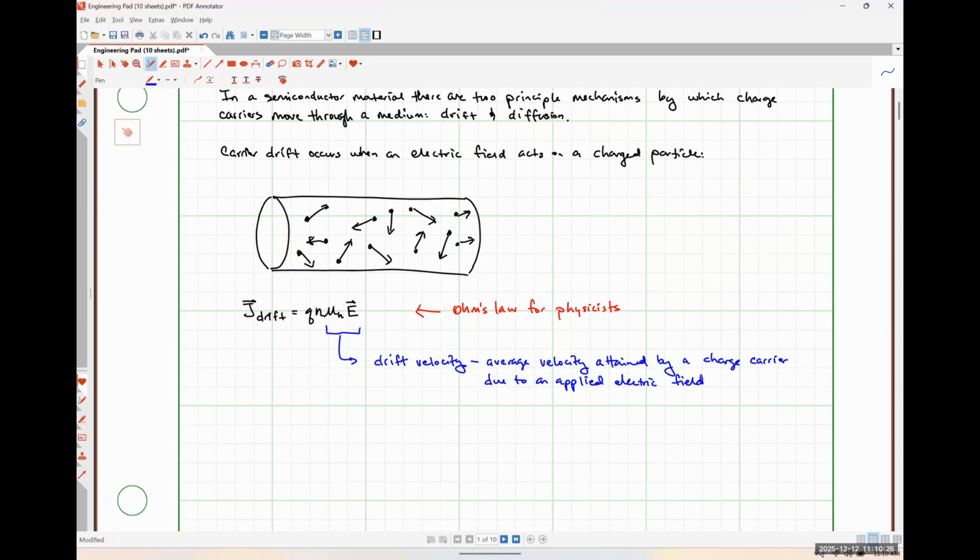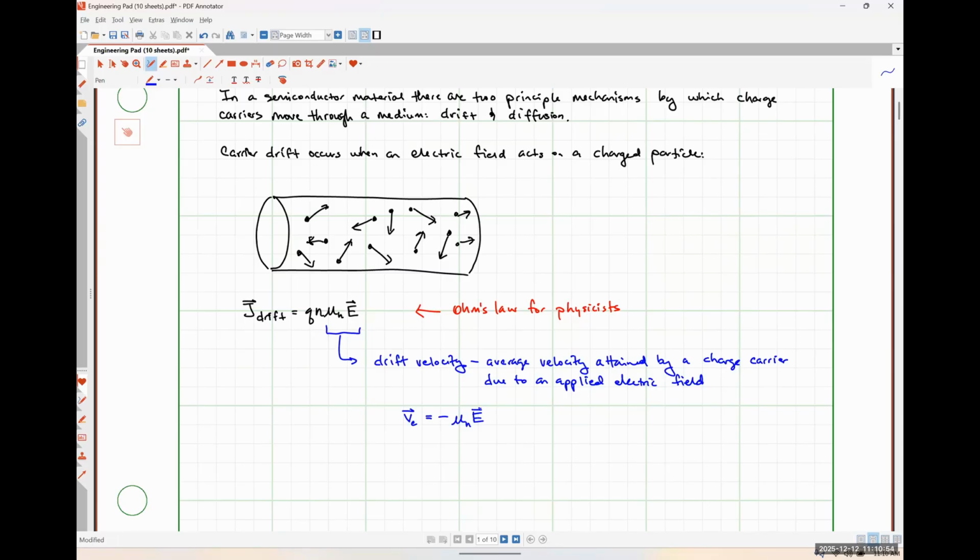Where I can say that there's going to be some electron drift velocity, V sub E, that is going to be negative mu n times E. And this negative sign is simply indicating that electrons are going to move opposite the direction of the applied electric field.